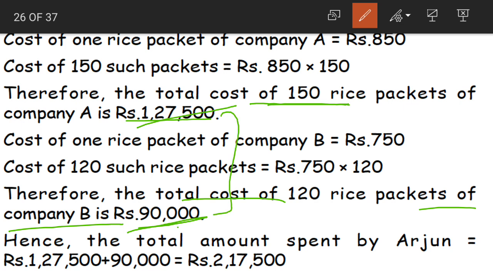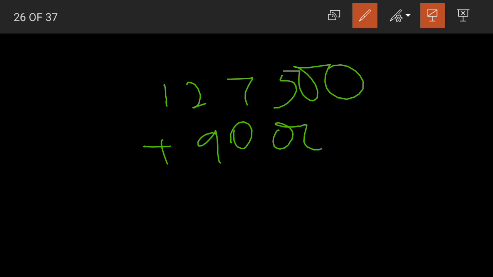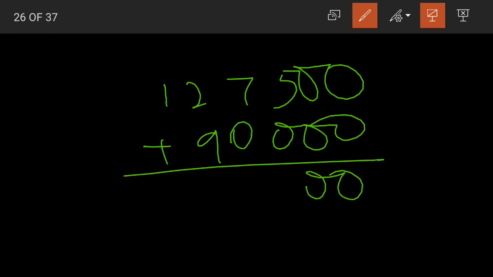Now we know the cost of the packets from company A and the cost of the rice packets from company B. So we can find out the total amount, right? Hence the total amount spent by Arjun becomes the cost of 150 rice packets and 120 rice packets added. 1,27,500 plus 90,000. 0, 0, 5, 7, 11. 2 plus 9, 11, isn't it?